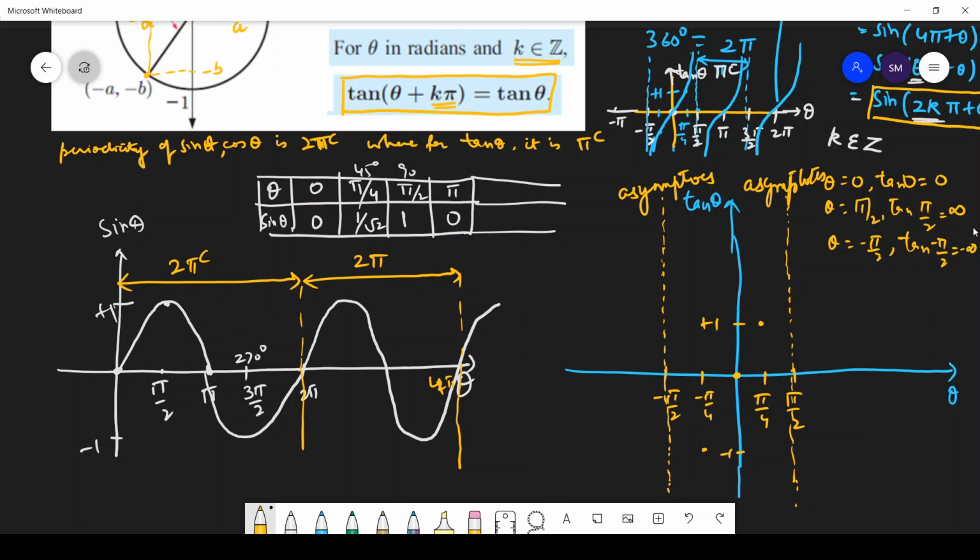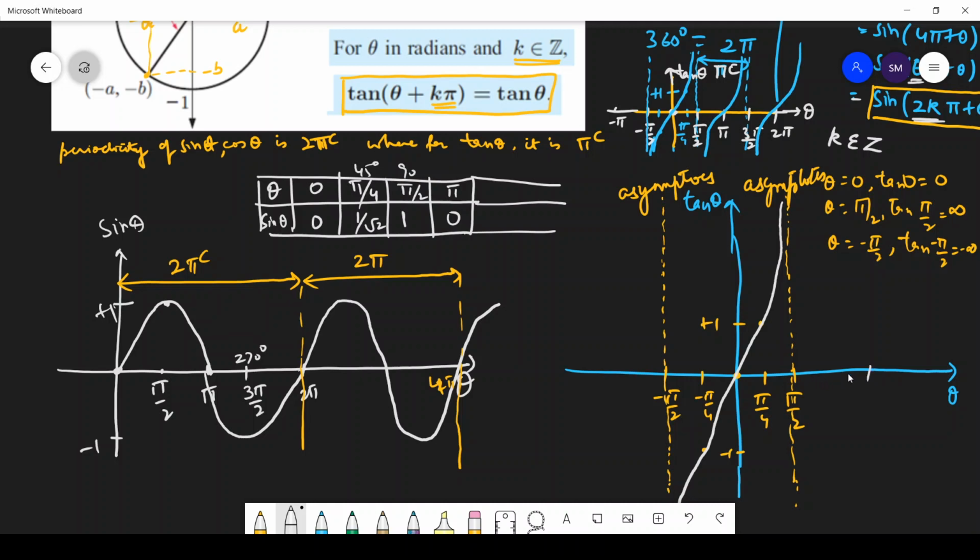Whenever we are drawing graphs dealing with infinity, when one of the coordinates is infinity, if the y coordinate is infinity, then we get a vertical asymptote. If the x component is infinity, then we get horizontal asymptotes. Is this clear, students? So we get the graph passing through these points and going to infinity.